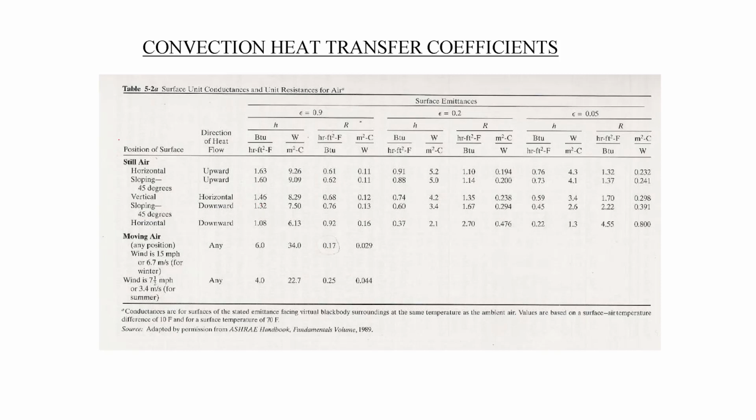The first column gives the position of the surface relative to whether the air is still or moving. If the air is still, you have the orientation of the surface, whether it's horizontal or not, and then the direction of heat flow from that surface. In regards to moving air, orientation is not important. It's just basically whether you have winter conditions or summer conditions.